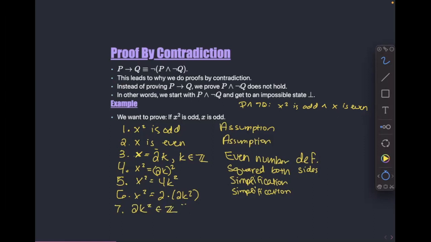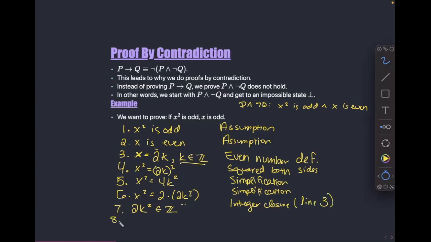We talked about this in the last lesson: since we said K is an integer on line 3, then K squared times 2 is also going to be an integer because integers are closed over multiplication. So if I multiply K by itself and multiply it by 2, I'm still in the integers. So you can just say that this is integer closure, and you can even mention line 3, since that's where I say that K is an integer.